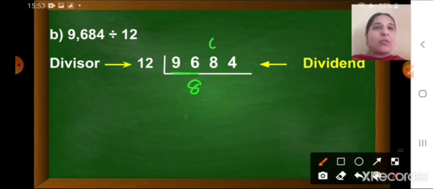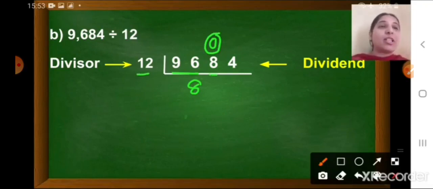So that 0 we will write just above the next digit of the dividend. So now we have 8. But you can see here, children, this 8 is smaller than the divisor, which is 12. So what we will do? We will write one 0 here, because we will not get 8 in the multiplication table of 12.